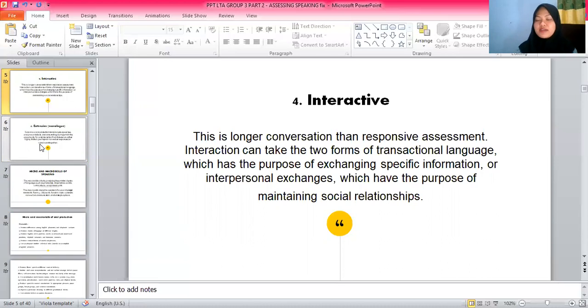So it's longer than responsive, which is a short conversation, because the purpose of this type of speaking is maintaining social relationships.